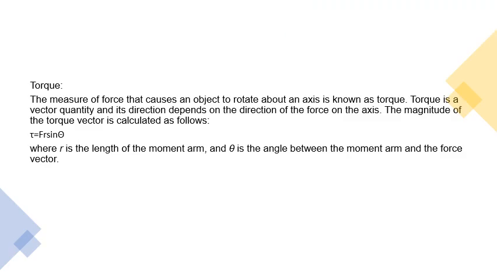Before learning about the torque on a dipole, first we will talk about what is torque. The torque is the measure of force that causes an object to rotate about an axis.